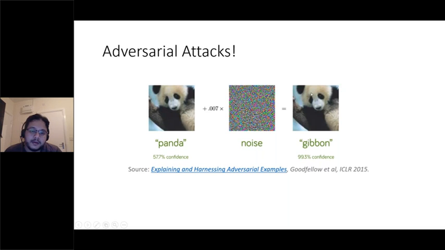It's practically the same. This was recognized as a panda with 57% confidence. This was recognized as a gibbon, a completely different animal, with 99.3% confidence.